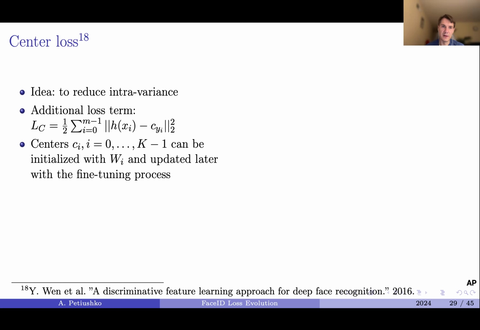Again, remember neural collapse. The centers can be initialized with wi and updated later during the fine-tuning process. Remember neural collapse, remember Coco loss, and everything from this idea. The final loss is just the usual softmax loss plus some coefficient lambda multiplied by this additional loss term, LC.